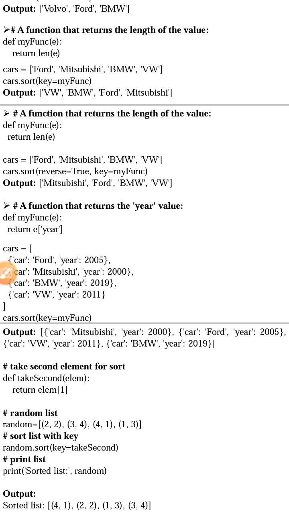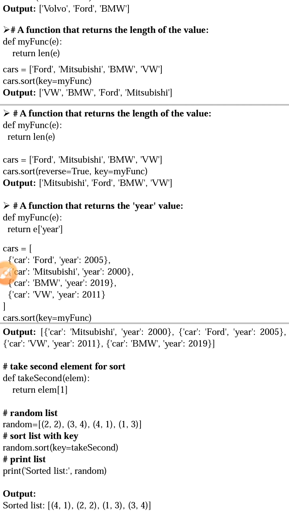on each list element my function is called. As our function is calculating the length of each parameter, it will return length of 4 to Ford, Mitsubishi 10, BMW 3, VW 2.